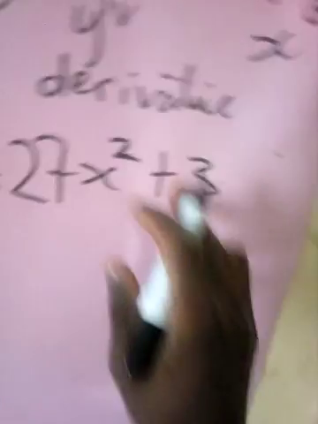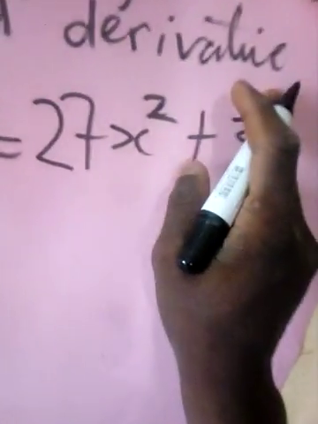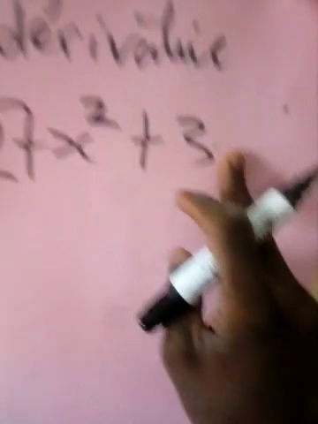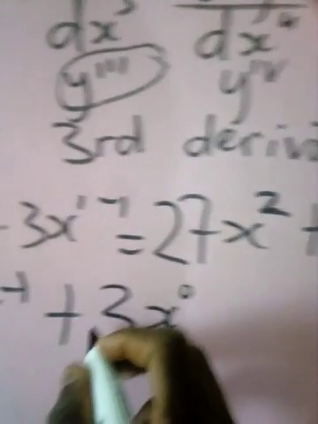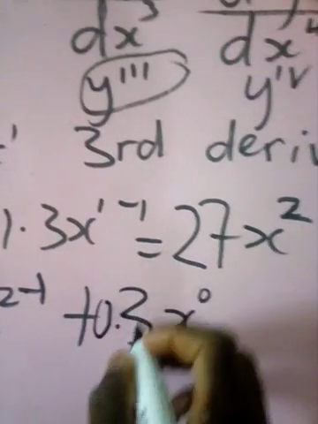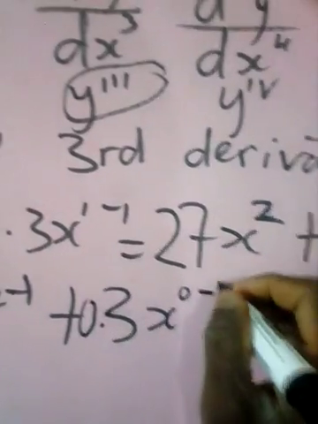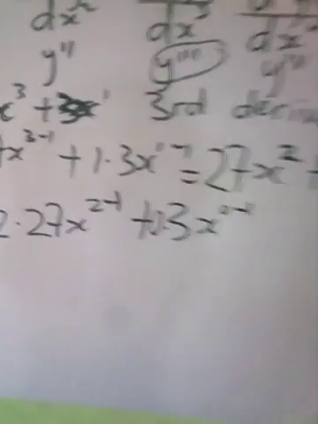Now if you are differentiating any constant, it's going to be 0, and I'm going to show you why. The power of x here is 0, so if I have 3x to the power 0, it's still going to give me the power coming down, that's 0 multiplied by 3, x power minus 1. You get it?